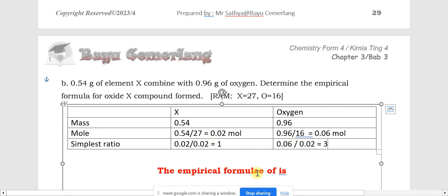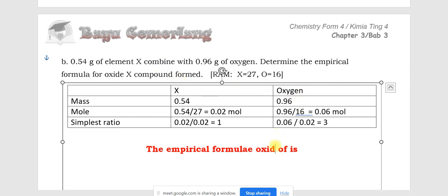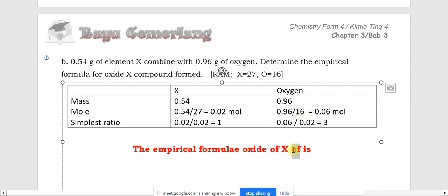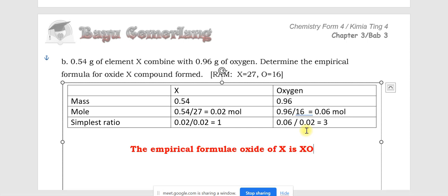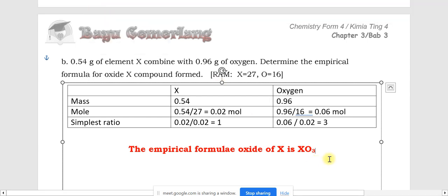So the formula, X combined with oxygen, is oxide of X. X is one, so leave X as it is. Put oxygen O, and then 3 must come. XO3.